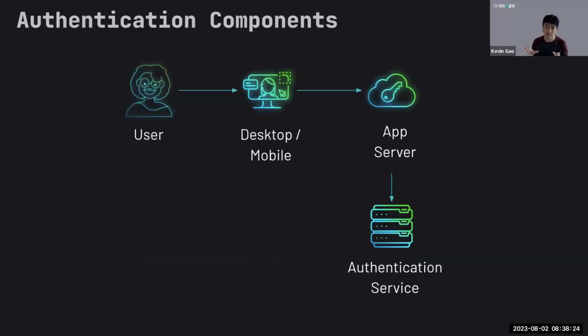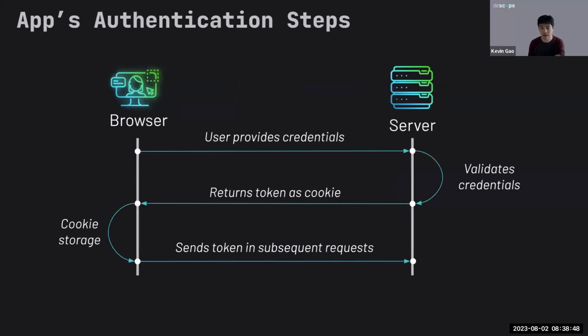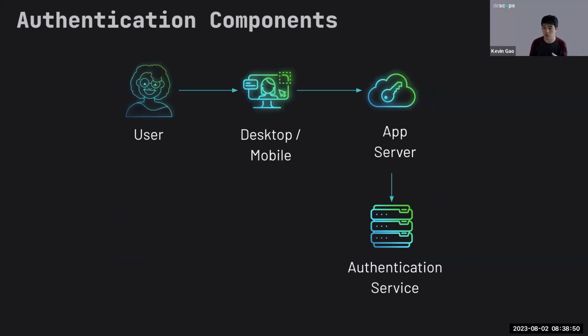So to overview that, me as a user, using a desktop or mobile device, such as my laptop, logging into Gmail, that typically would communicate with an app server like Google. If I'm using any of your own apps, that would be your own server. And then from within that app server, the credentials that I've provided at the beginning would be routed through an authentication service.